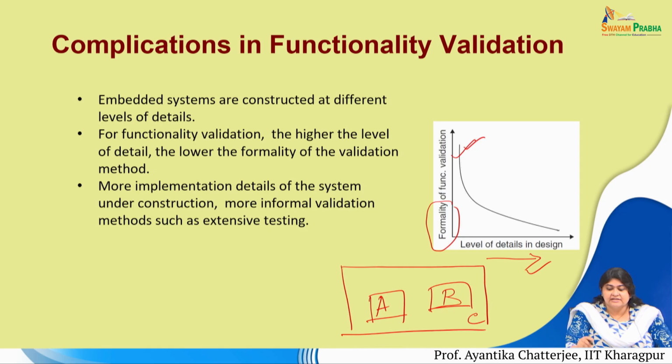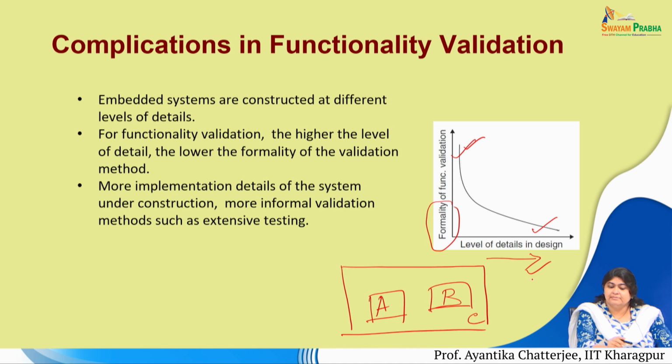As we go to the upper level of the hierarchy, we are considering more abstraction, and there the formality of functional validation is decreasing. That is the same thing reflected in the graph.